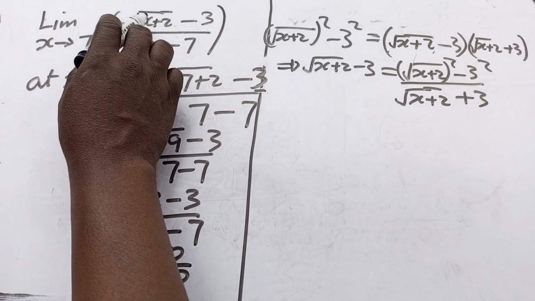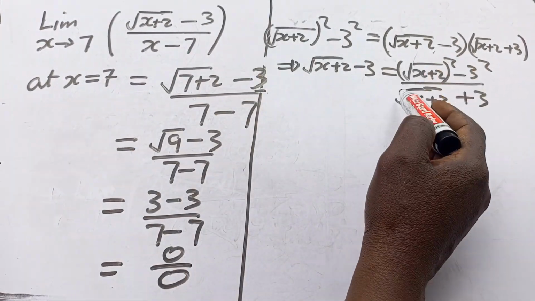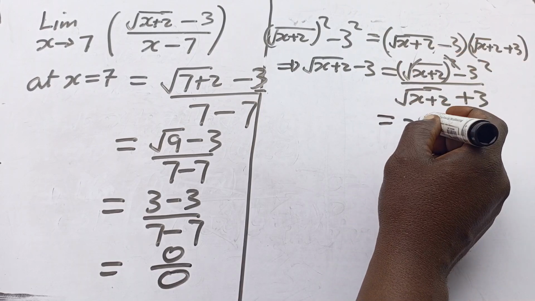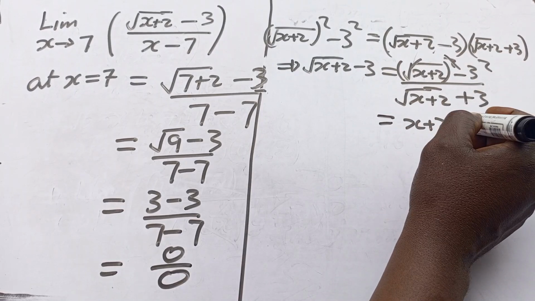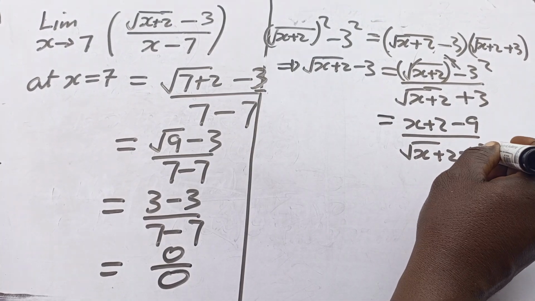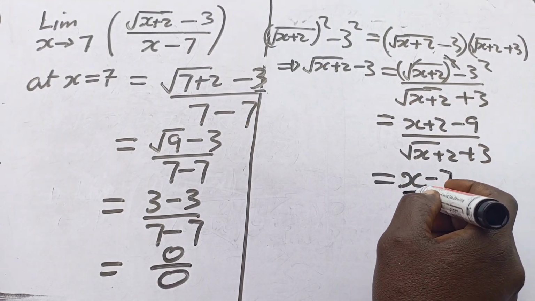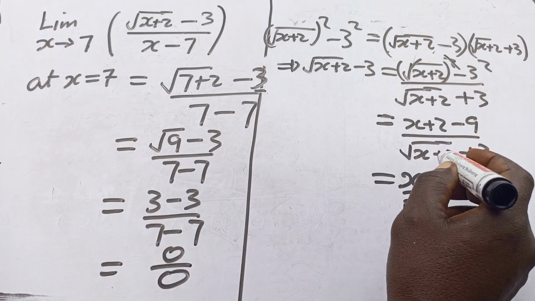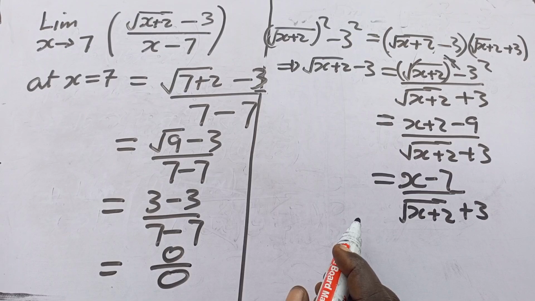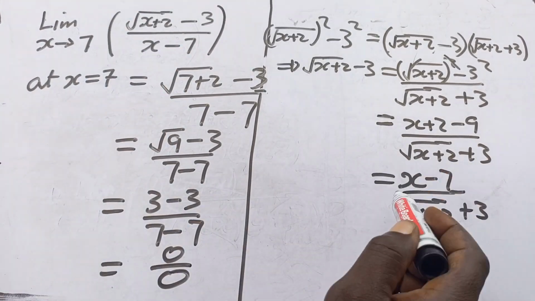This expression at the numerator, the square and square root cancel. We have x plus 2, and then 3 squared is 9, all over root of x plus 2 plus 3. So this gives us x plus 2 minus 9, which is x minus 7, all over root of x plus 2 plus 3. So we're going to replace root of x plus 2 minus 3 by this expression.